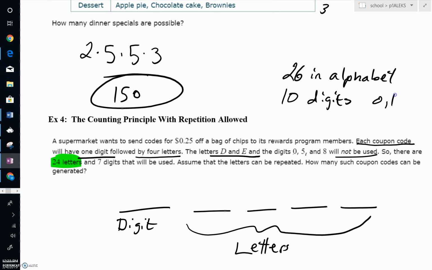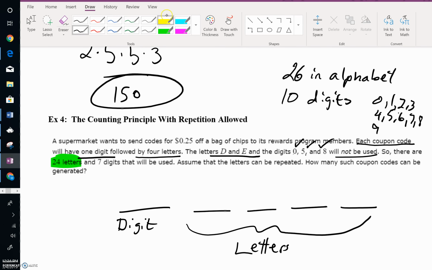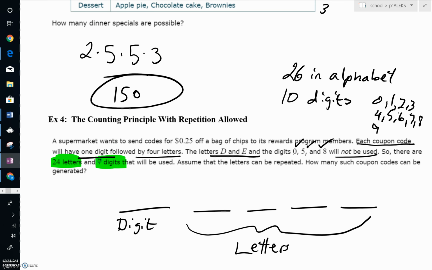You've got the numbers 0, 1, 2, 3, 4, 5, 6, 7, 8, 9 that could show up like at a particular space in a phone number. It's one of those numbers. There are 10 of them. But they're saying, look, 0, 5, and 8 are not allowed. You're losing 3 choices. They're being exceptionally kind to you. They're actually telling you how many choices you really now have.